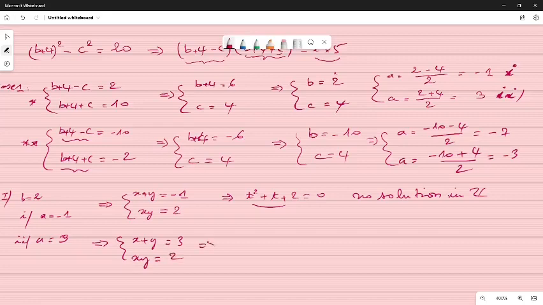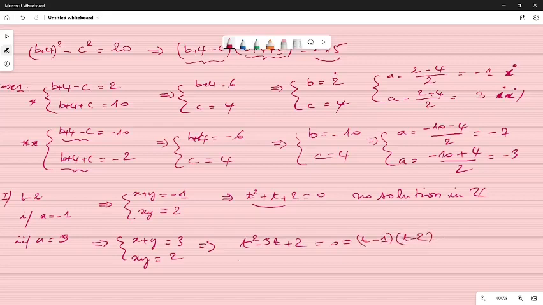Simplify the equation: x and y are solutions to this quadratic, t squared minus 3t plus 2 equals 0, which equals t minus 1 multiplied by t minus 2.